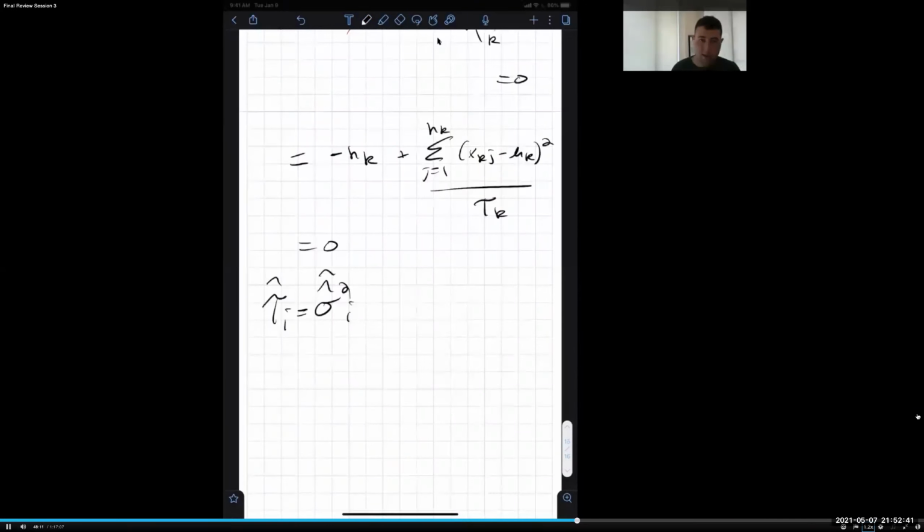What do they call it? Hat hat in the book, in the final. And that's just going to be the sum from j equals 1 to nk of xkj minus mu k squared over nk, which is exactly what they give if you just transform it a bit.